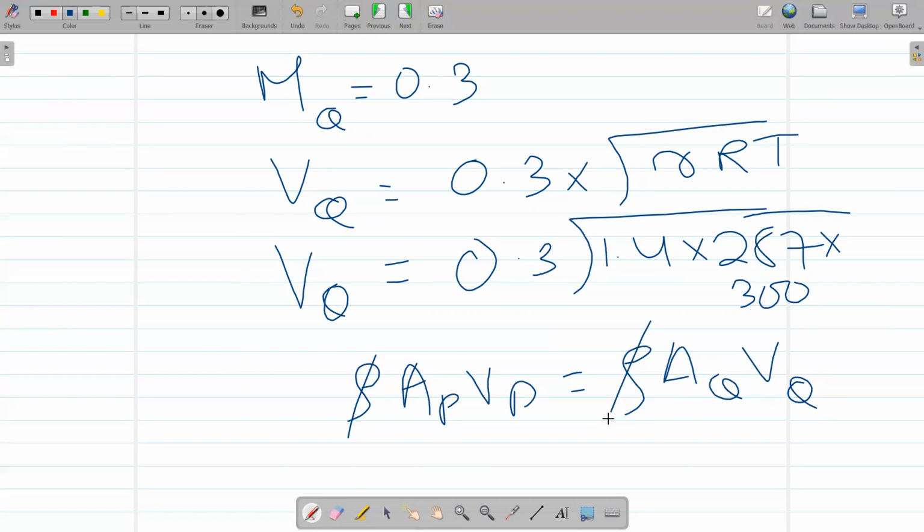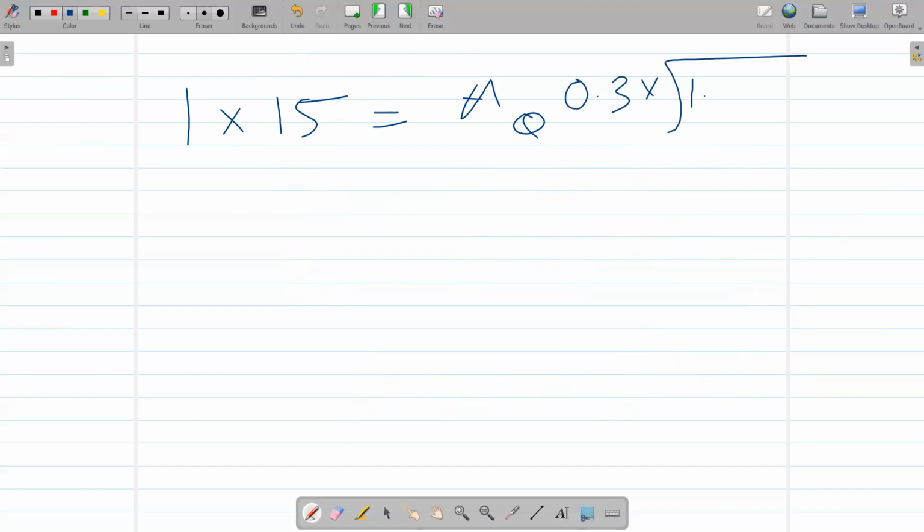So A_P, the area, is 1 meter square, velocity is 15, and the area at location Q is to be found, and the velocity at location Q is 0.3 into root of 1.4 into 287 into 300.